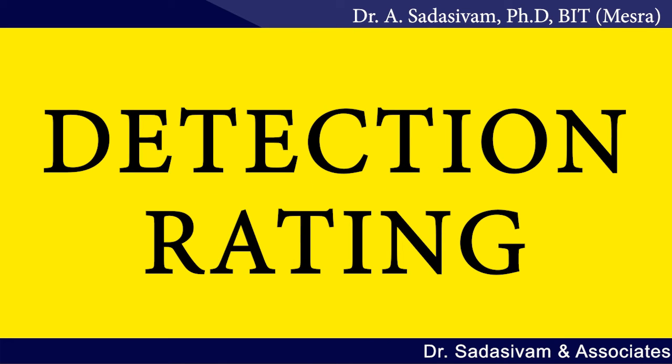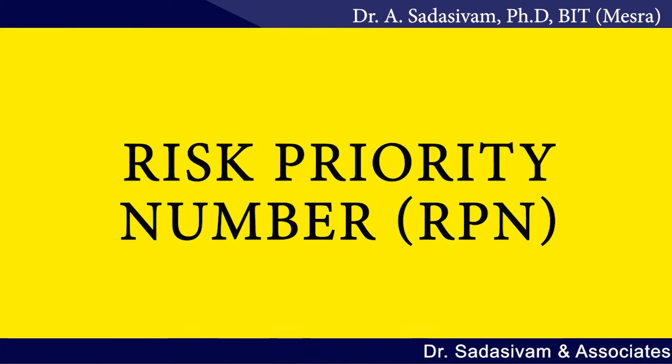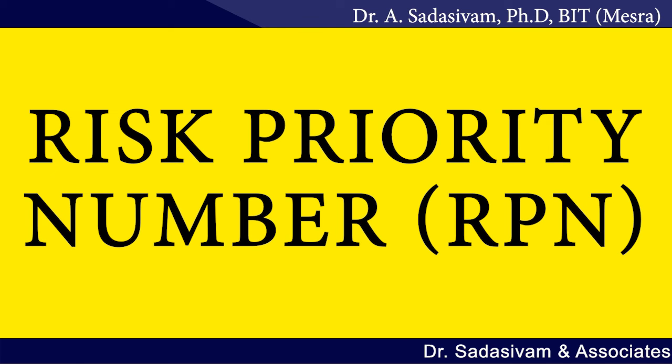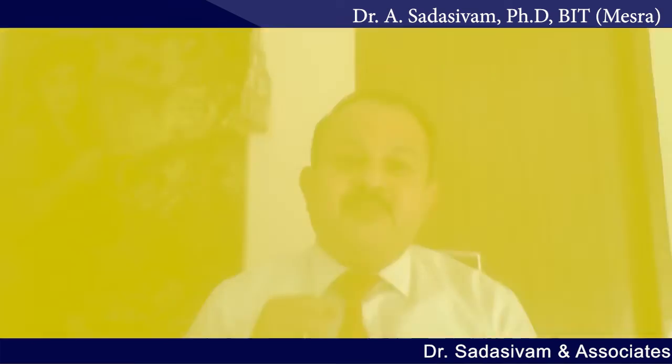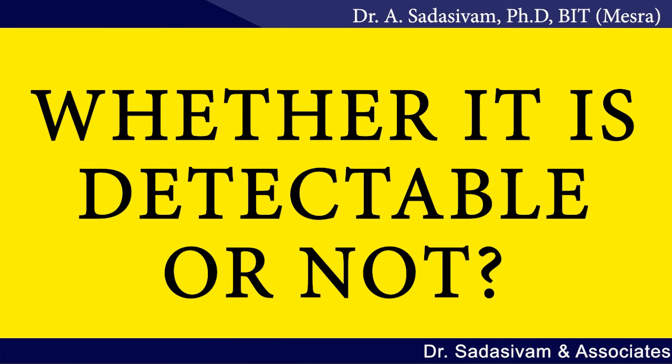We will talk about detection rating. We will also be talking about risk priority number. Remember, we talked about risk priority number before the start of this session, where we discussed that it's a product of severity, that is, what is the severity of that risk, and then what is the probability of occurrence, and then whether it is detectable or not detectable.